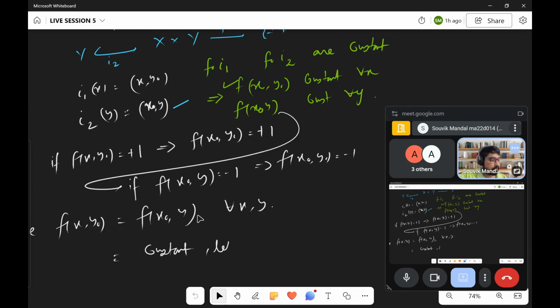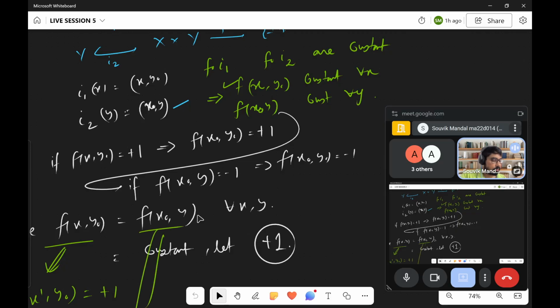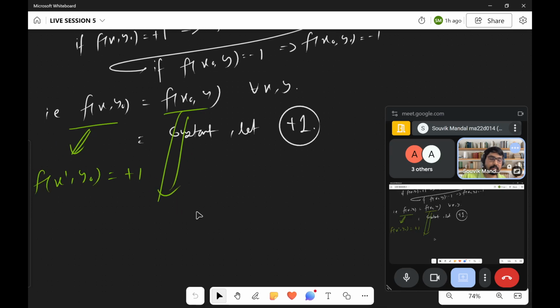So let it be plus 1. This implies f of x prime comma y naught is plus 1, and this implies f of x naught comma y prime is equal to plus 1.